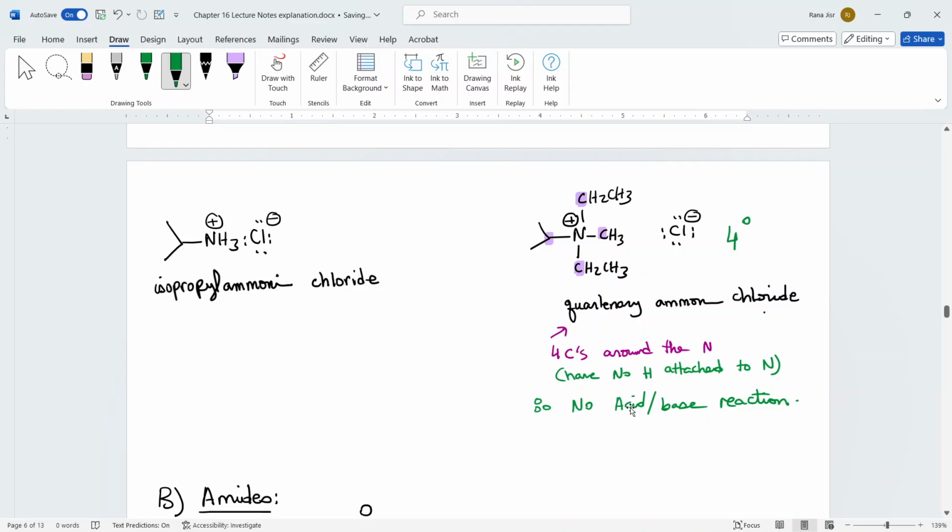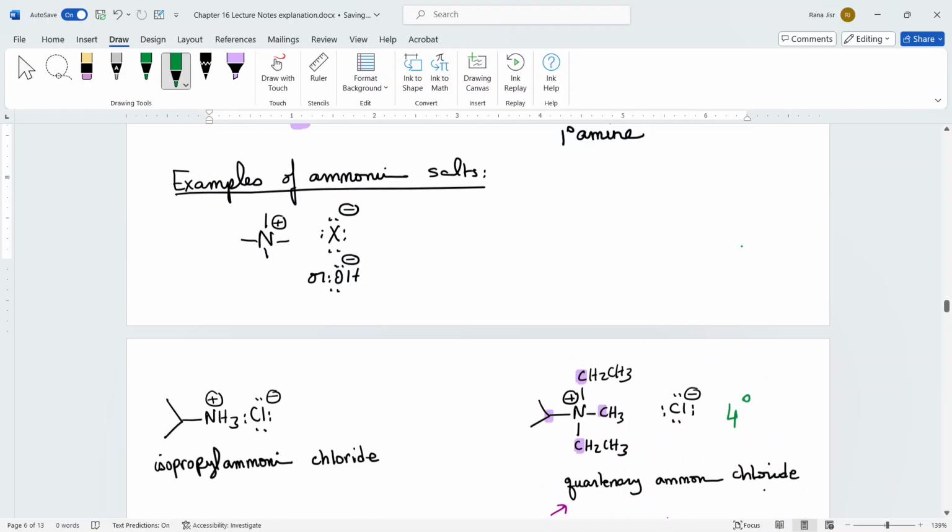So this is why we say there is no acid-base reaction with the quaternary ammonium salts in there. So this is why we say also that the quaternary ammonium salts, they are pH independent. Okay, they are pH independent. This means that they are neutral.